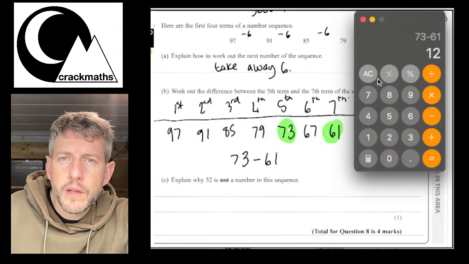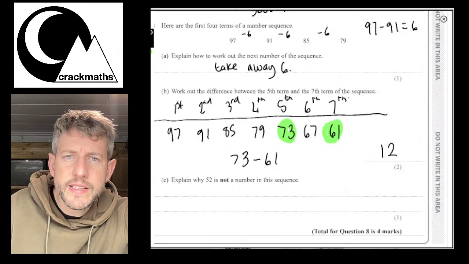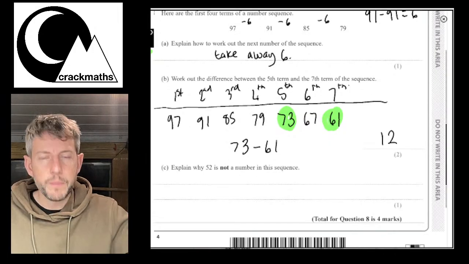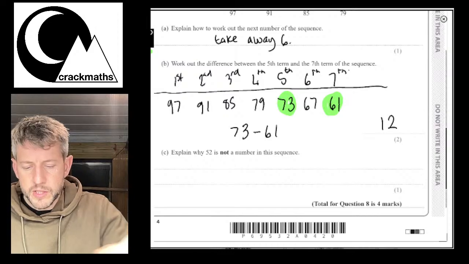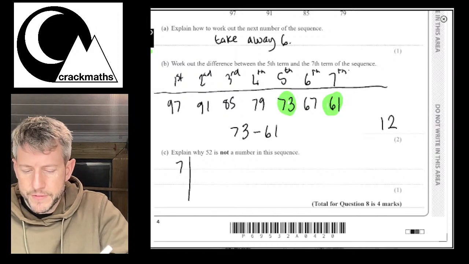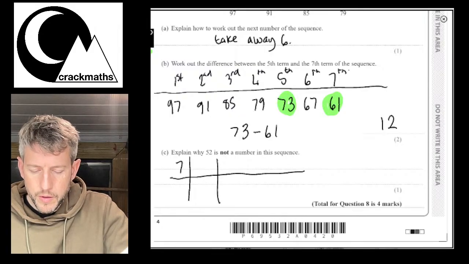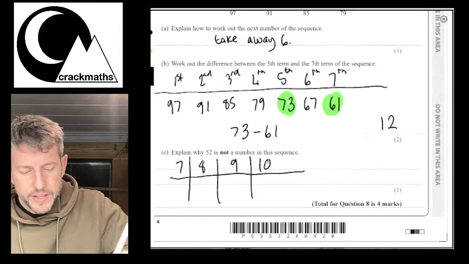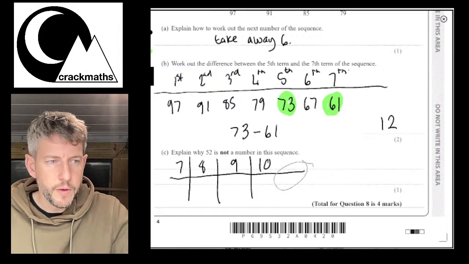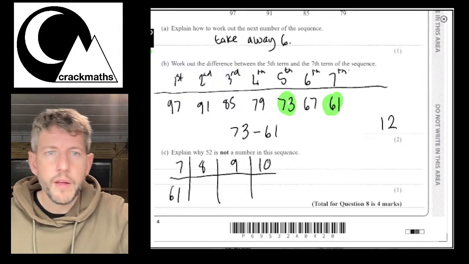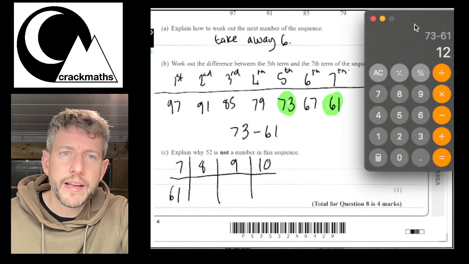Okay, right. So the next point is explain why 52 is not in this number sequence. Well, in order to do that, let's just write down the next terms. So the 7th term, 8th, 9th, 10th. I think this will be fine to prove it. So if the 7th term was 61, the 8th term, let's bring out the old calculator again.